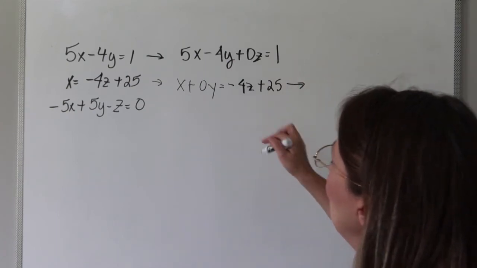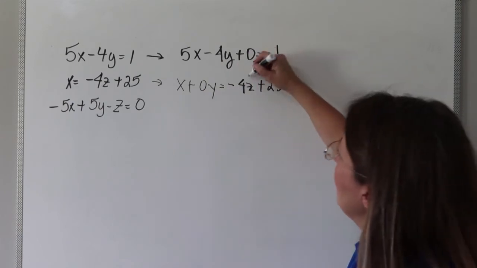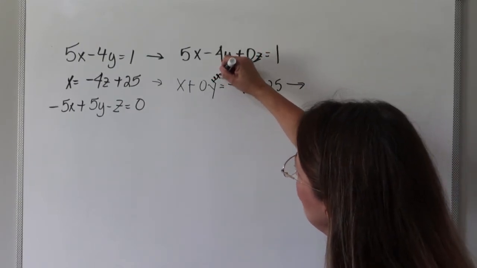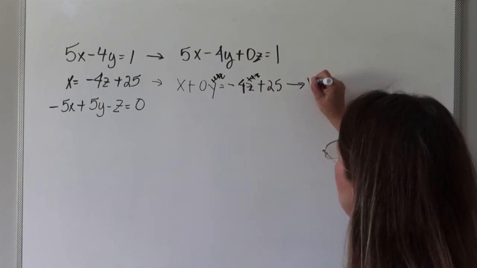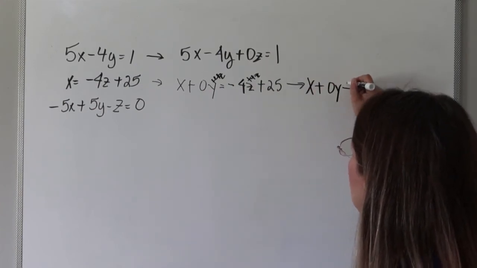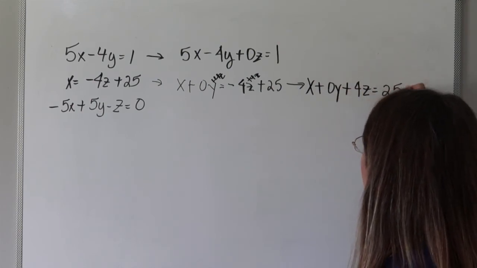Now the only thing wrong with it is this z is over here and I need it over there. So I'm going to add 4z to this side and add 4z to this side. And my new equation is x plus 0y plus 4z equals 25.